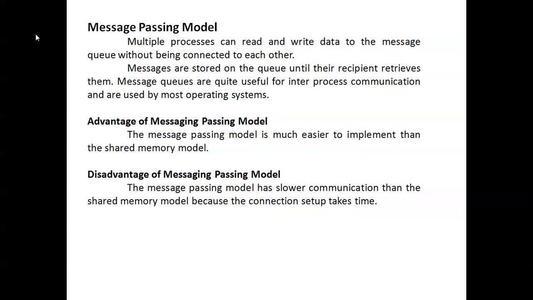The advantage of the message passing model is that it is easier to implement compared to the shared memory model. The drawback is that it is a slower communication model compared to shared memory, because the connection setup takes time.